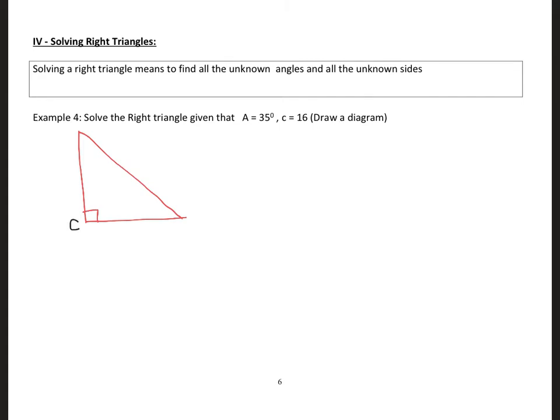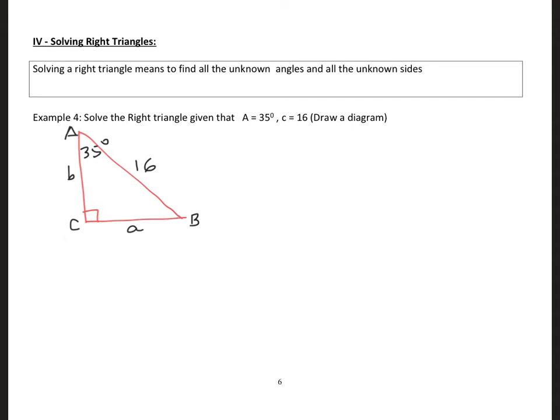This is C, and side c is 16, and this is A, and this is B. Remember, this is going to be lowercase a, lowercase b. We start with the measure we know and the given angle. The angle is given as 35 degrees, right there.